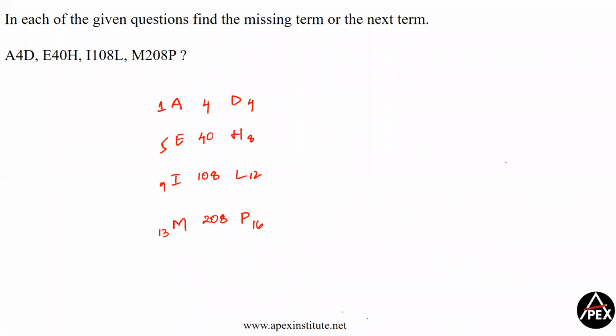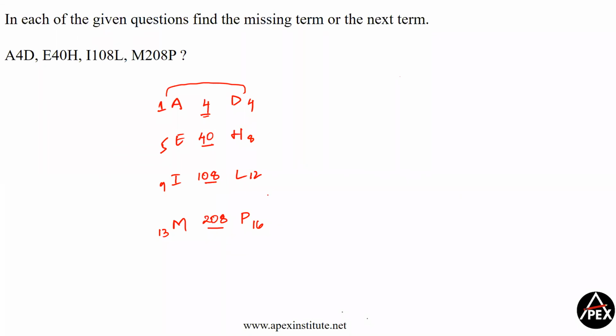So you get the middlemost number by multiplying the numbers corresponding to the first and the third alphabet. So 1 into 4 is 4, 5 into 8 is 40, 9 into 12 is 108, 13 into 16 is 208, isn't it?